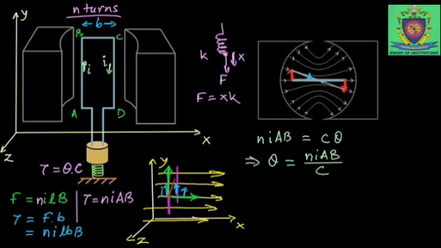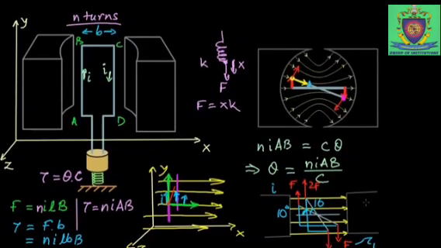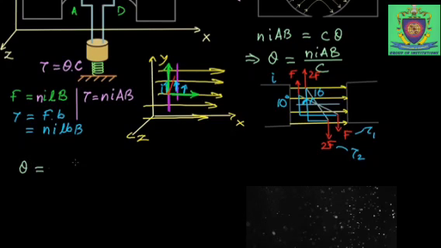You should remember one thing: the coil rotates until the restoring torque equals the deflecting torque. When this happens, the coil will be in the equilibrium position. Until the restoring torque becomes equal to the deflecting torque, it will be rotating. So this is the expression for the deflection.